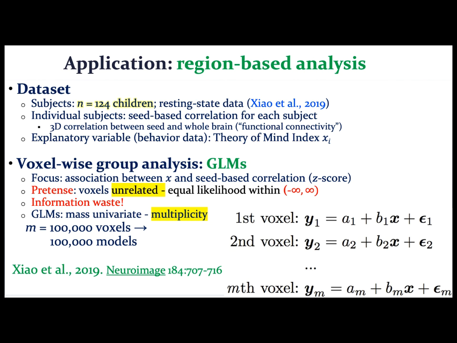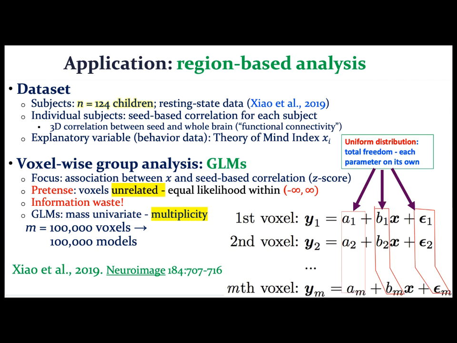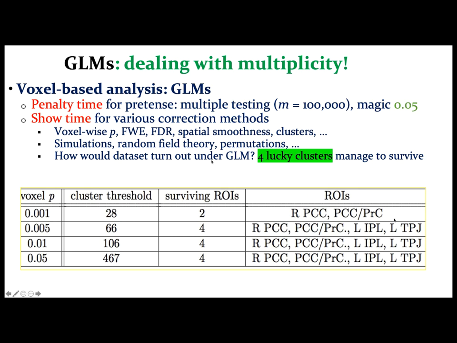That's why we solve those 100,000 models separately. In this particular study, we care about the slope effect: basically, how the brain response, in this case the set-based correlation, is related to the behavior. So that's this B. That's the model we have.